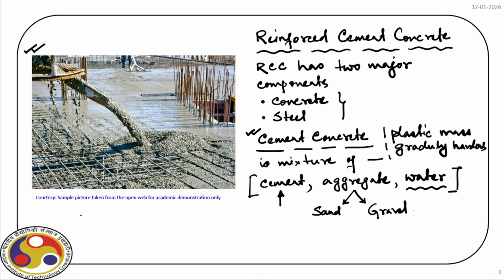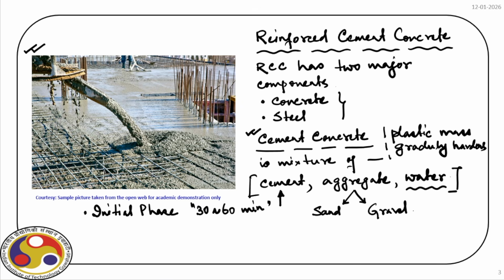Now, if you look at the hardening process of cement concrete, there are three different phases. The first phase, we call it the initial phase. And it stays within the first 30 to 60 minutes. So the moment we mix cement, aggregates and water, then the initial 30 to 60 minutes is the first phase.